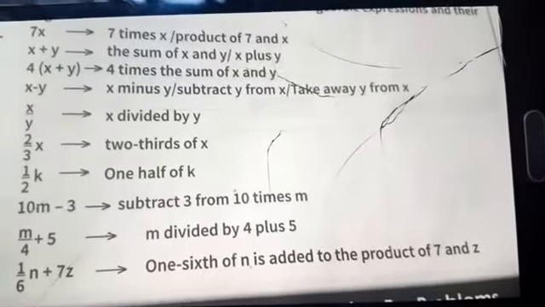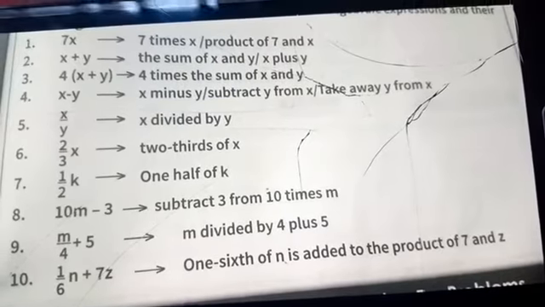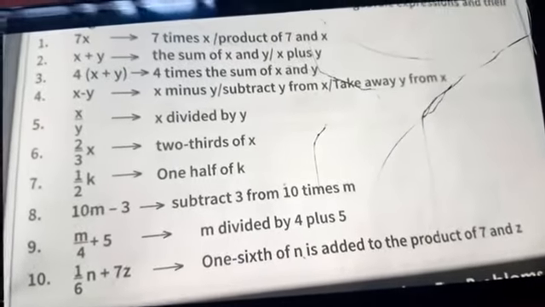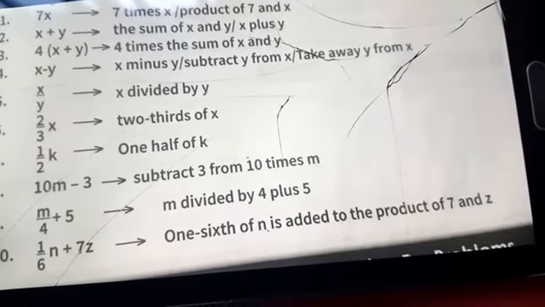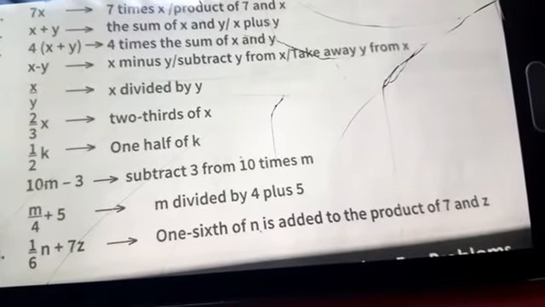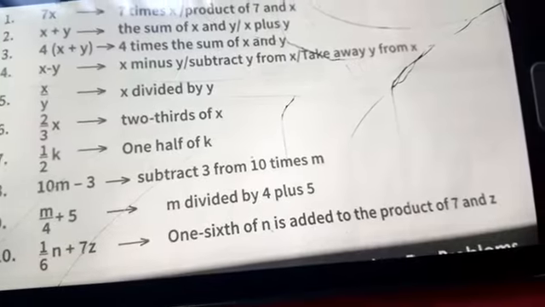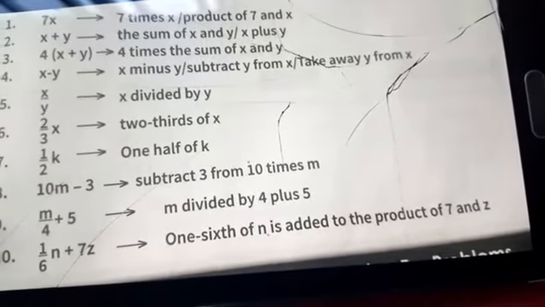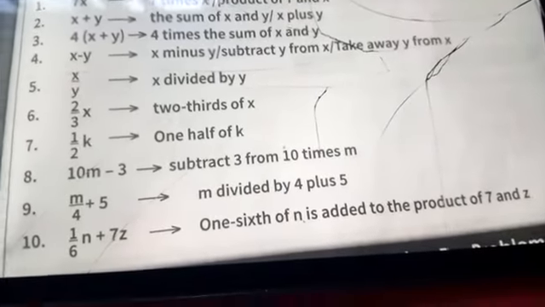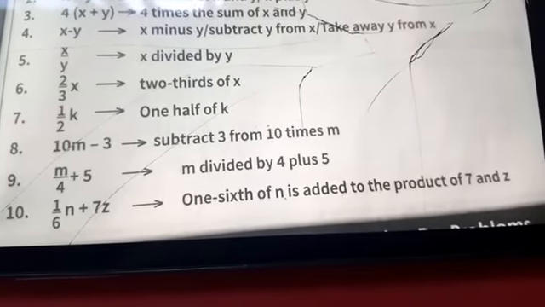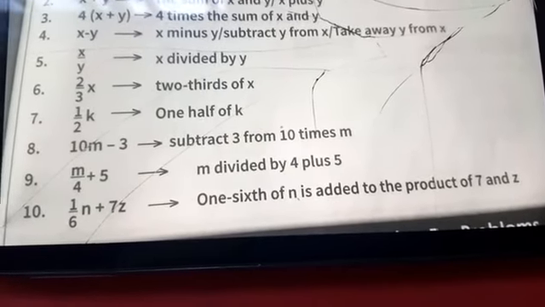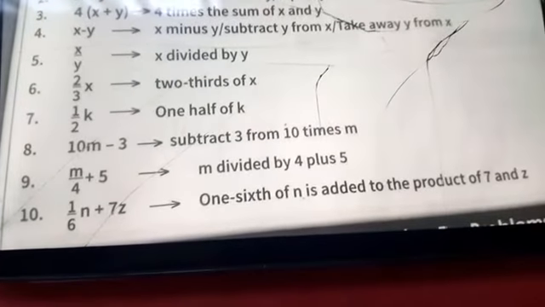Now we can also have x out of y, which is also expressed as x divided by y. We can also have 2 out of 3 multiplied by x, and you can explain it as 2/3 of x. Now, 1 out of 2 times k also means 1/2 of k, or half multiplied by k.